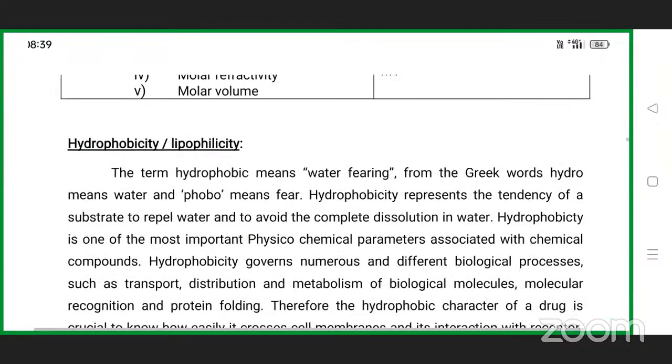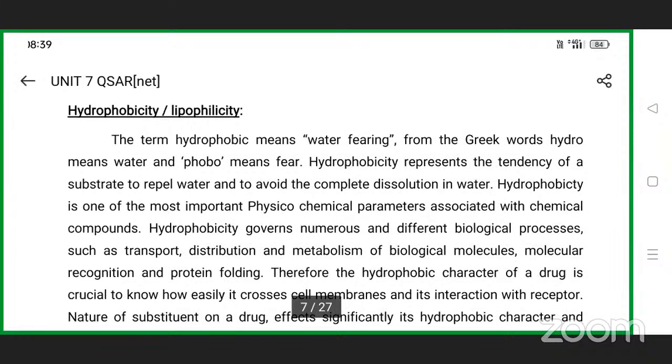So first we'll see the hydrophobicity or the lipophilicity. The drug compound must have good hydrophobicity, right? What is hydrophobicity generally?